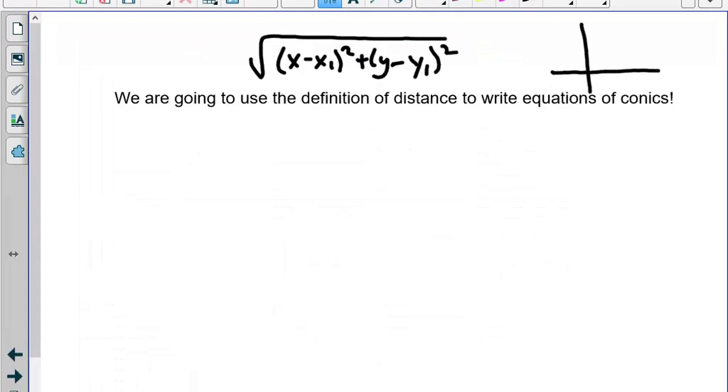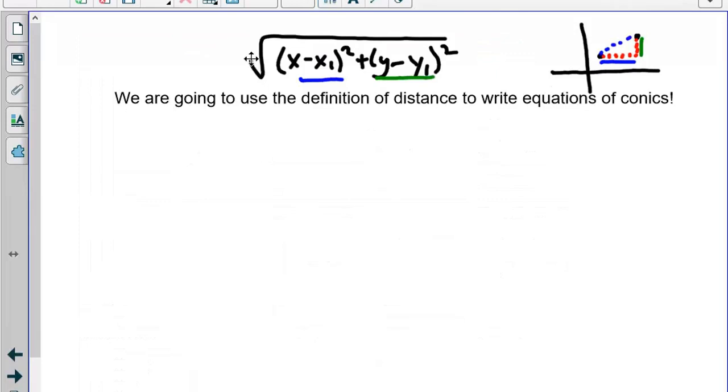If we want to find the distance from somewhere to somewhere else, we figure out how far we're going in the x direction, how far we're going in the y direction, then we square them, add them up, take the square root. And essentially that's what's going on.